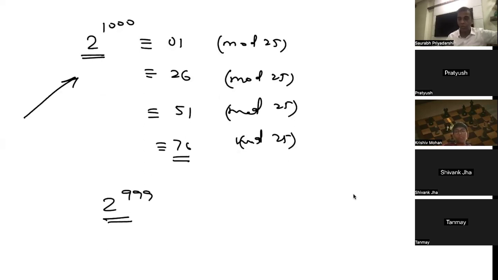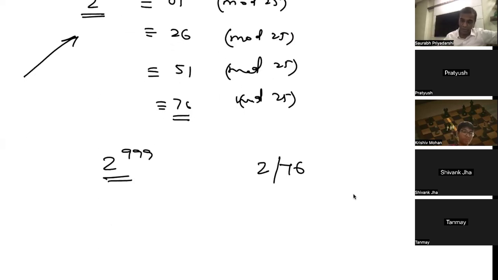So 76 is divisible by 2, so I divide 76 by 2. In the first case maybe I find 38, or maybe I borrow 1 and divide, so I get 88. But 38 is not divisible by 4, while 88 is divisible by 4, and this number must be divisible by 4. So the last 2 digits of the number are 88.